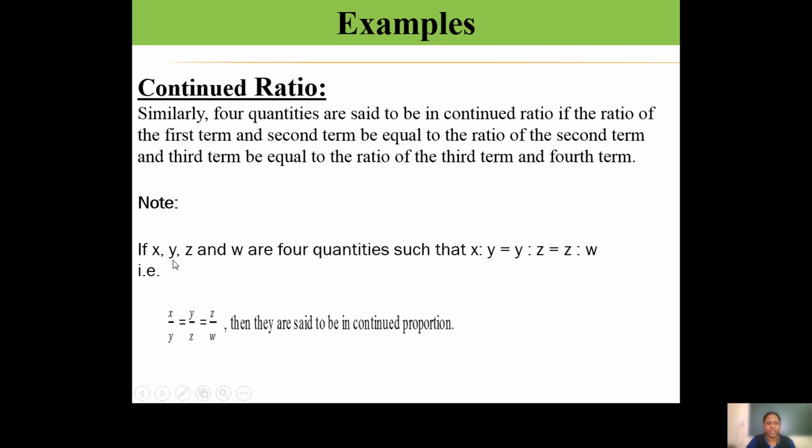So if x, y, z and w are the four quantities such that x is to y equals y is to z equals z is to w, that is x upon y equals y upon z equals z upon w, then they are said to be in the continued proportion. So this is about the continued ratio of four quantities.